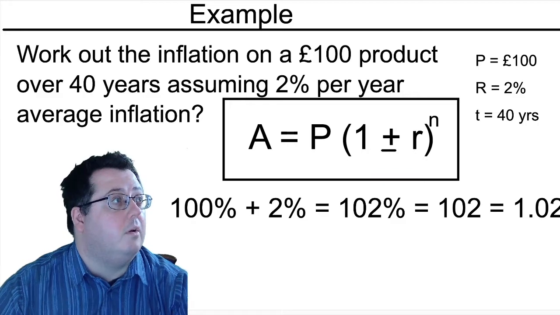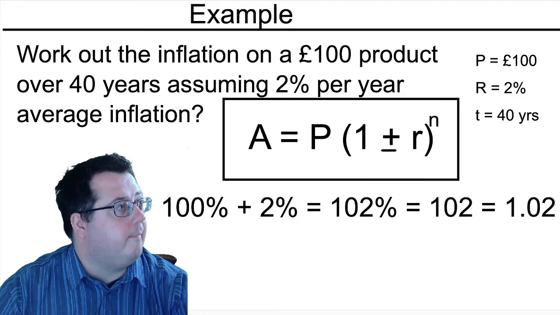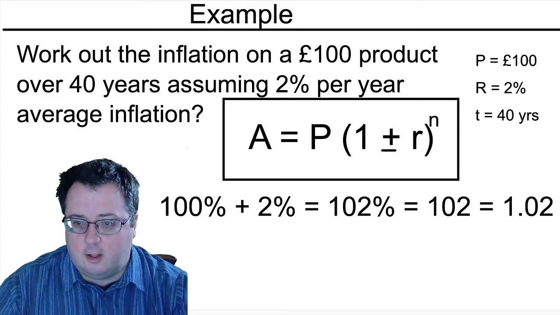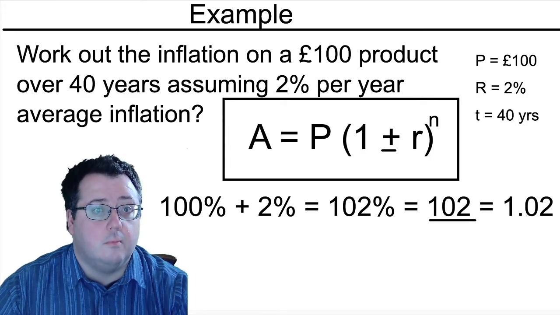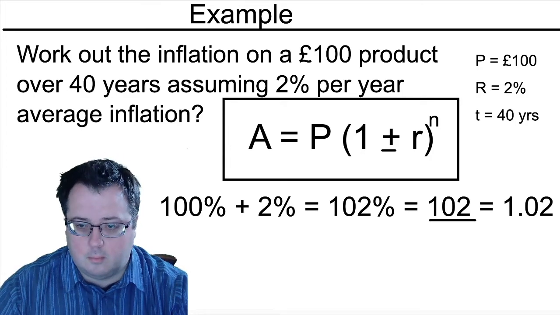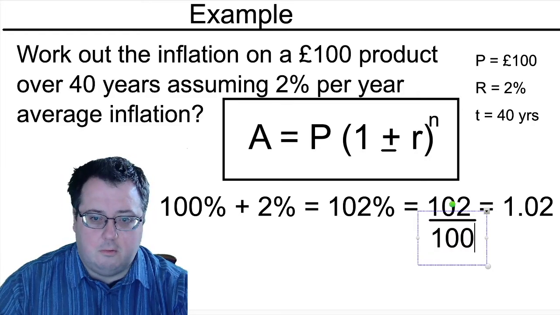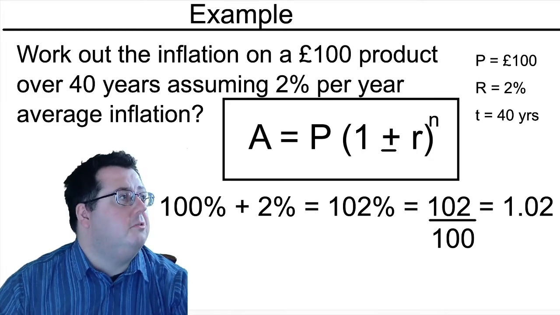There we go. It's not quite on screen. There we go, it is now. And a line under this 102. Put in 100, there we go. So we should be able to see that 102% is 1.02.